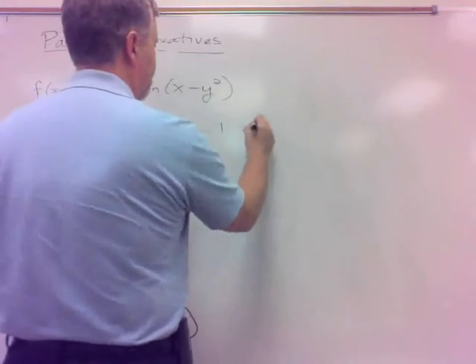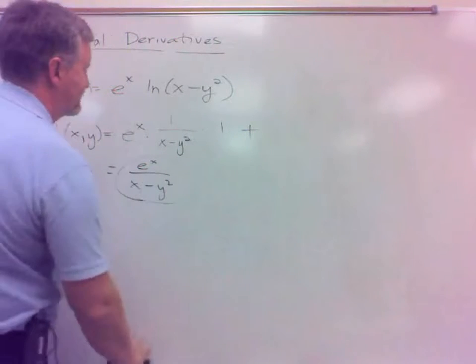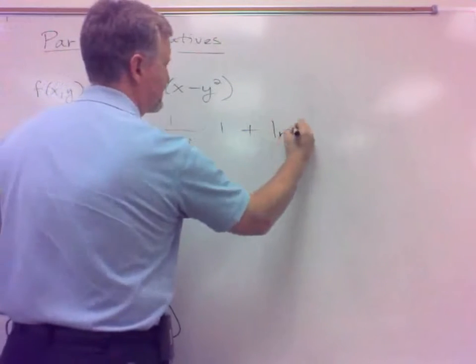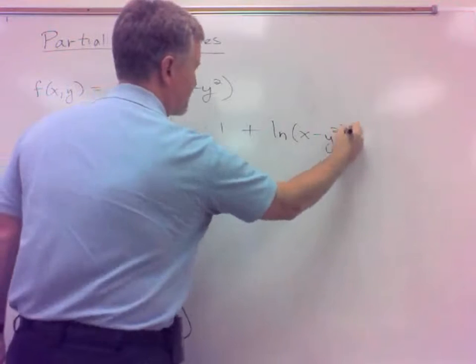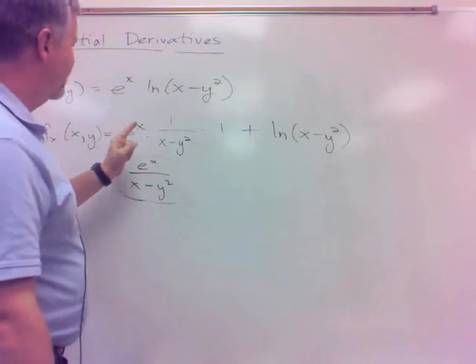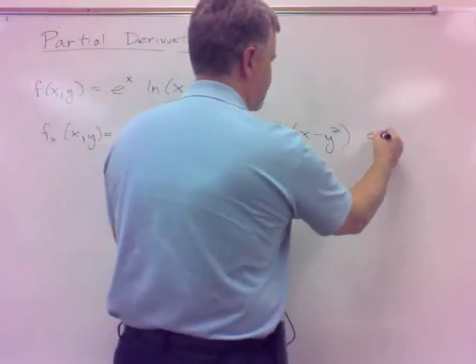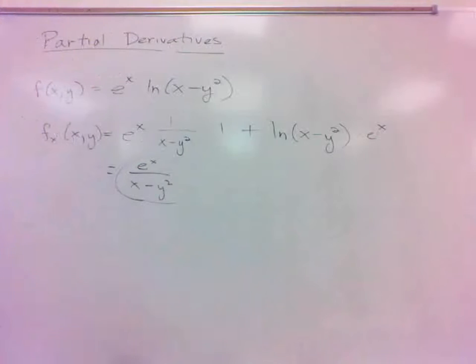I did forget. Let's go back to this one and finish it off. Didn't finish my product rule, did I? All right. So back to this one. That was the first times the derivative of the second. Now we've got to do the second times the derivative of the first, which is just e to the x.